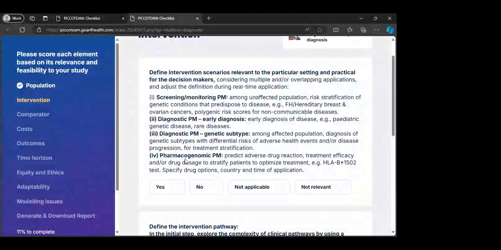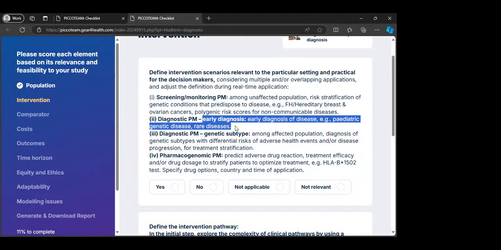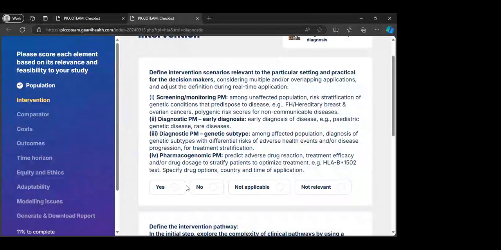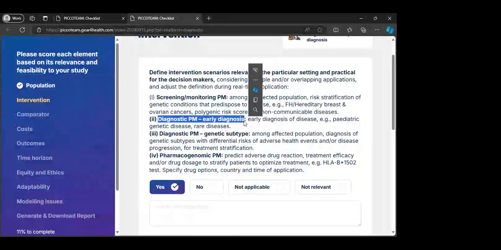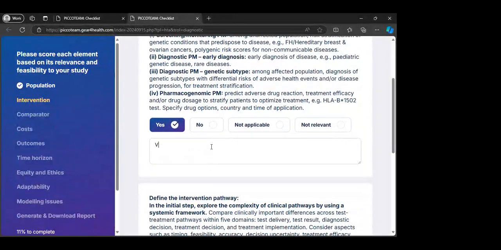As we said, our whole exome sequencing test will be detecting genetic subtype and then screening their relatives for early diagnosis. So cascade testing, yes, is our main focus. Although it has multiple implications, you can enter different implications that you want to evaluate.